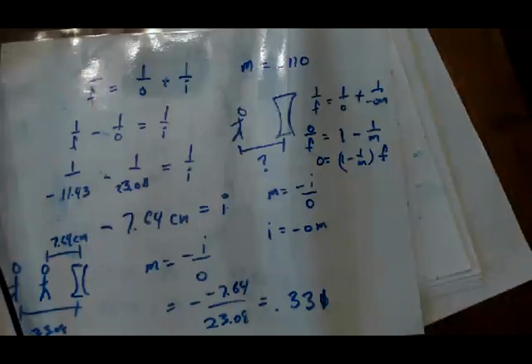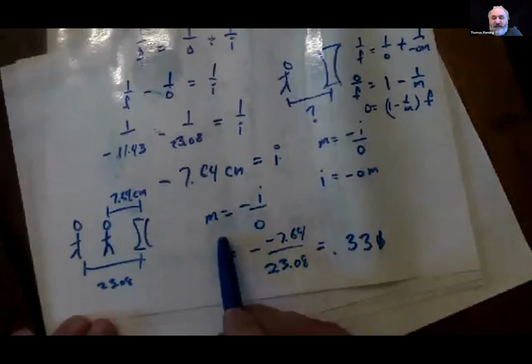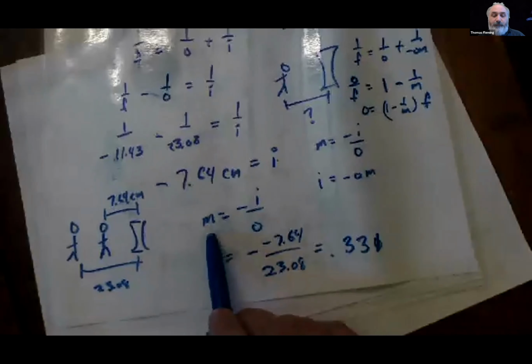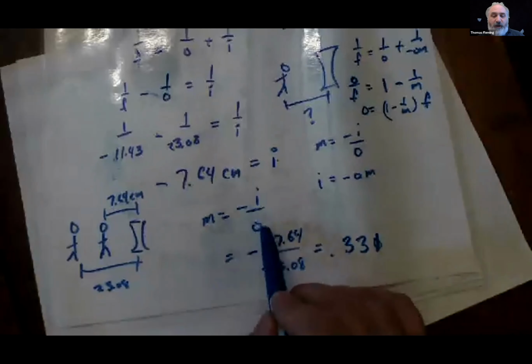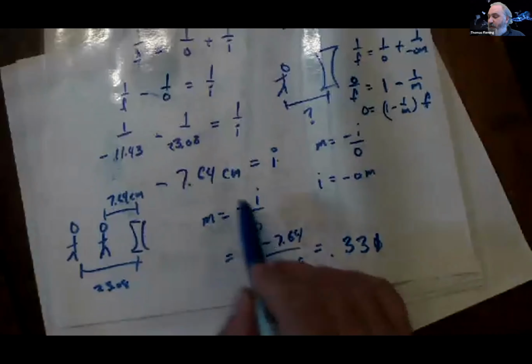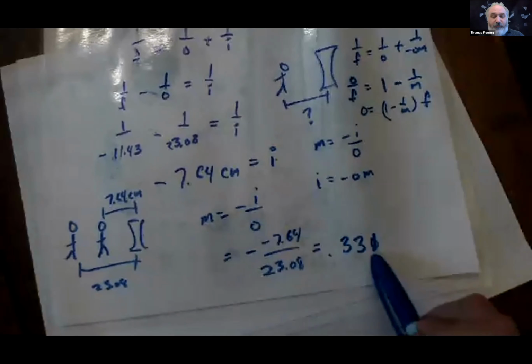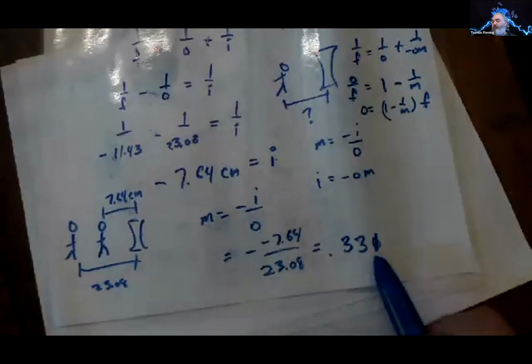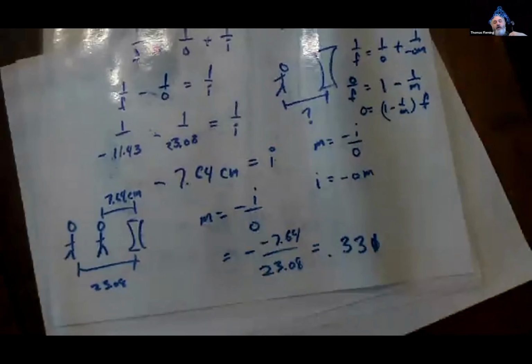Okay. How did you get M? Well, what happened was I solved for the magnification that I had in the original setup of the problem. And the magnification is negative I over O, right? So I knew O, I plugged them in and got an answer. But it says in the problem that this magnification is too big by a factor of blah, blah, blah. In my case, it was 3.3.